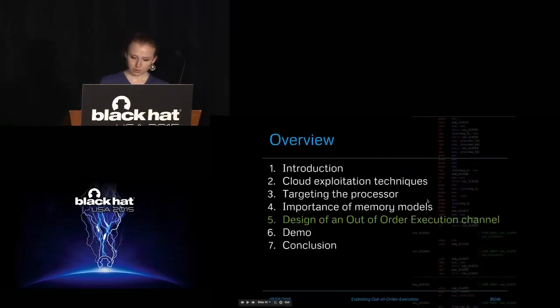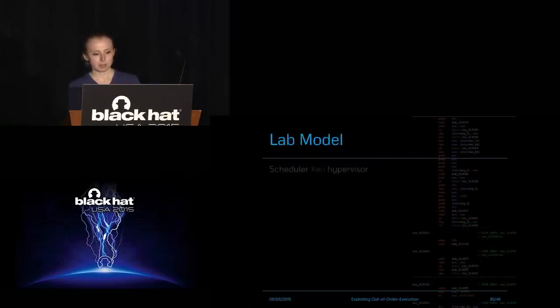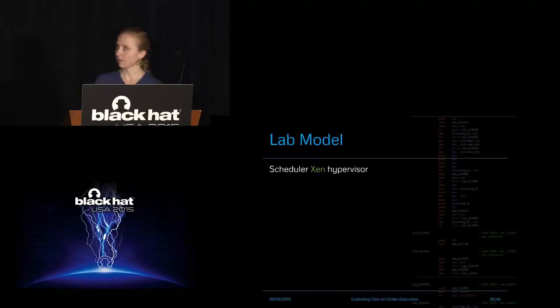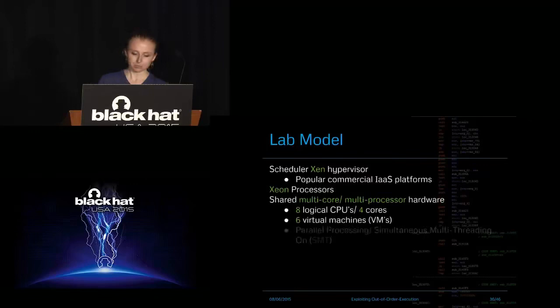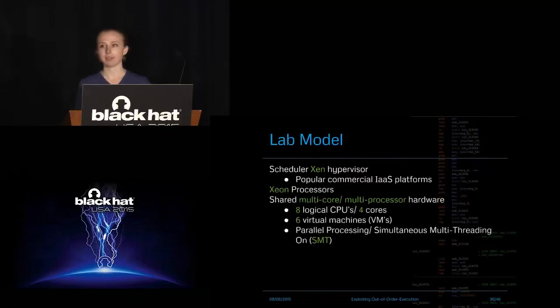All right, so how are we actually designing our channel? Well, in our lab setup, we had Xen Hypervisor, because that is the most popular commercial platform, Xeon processors, shared hardware, and 4 cores with 6 VMs. And SMT was turned on, like I said. The attack does not work, actually, if SMT is not turned on.